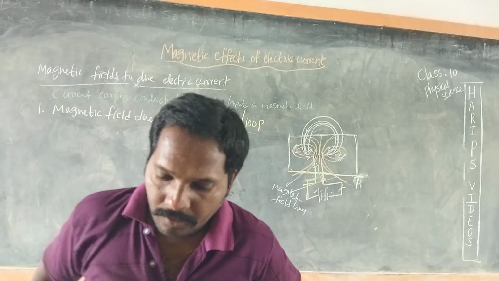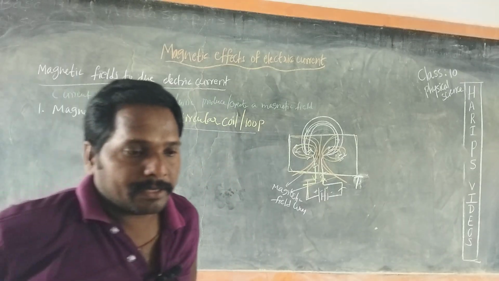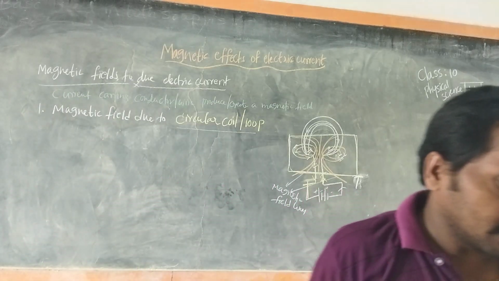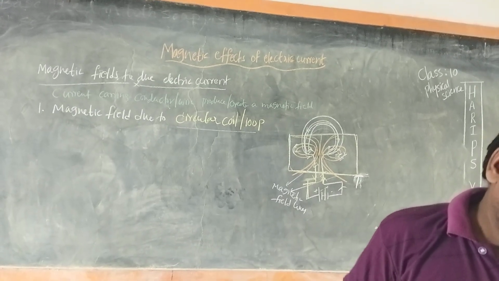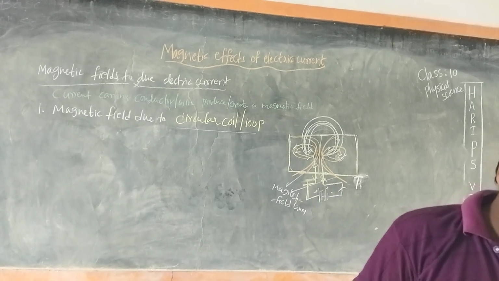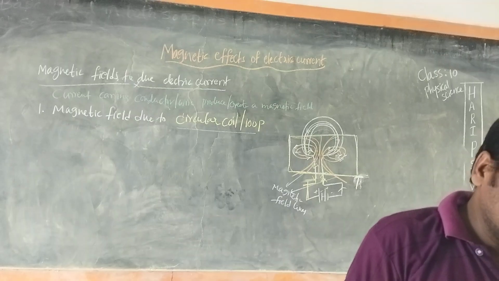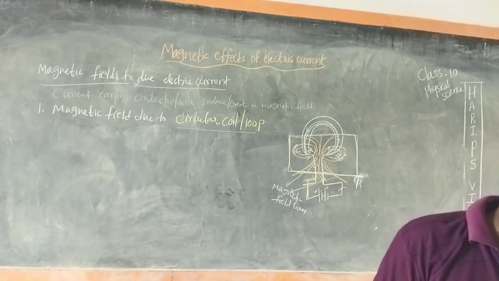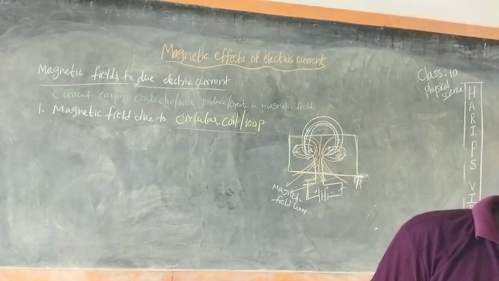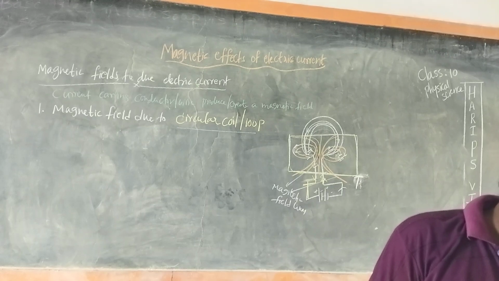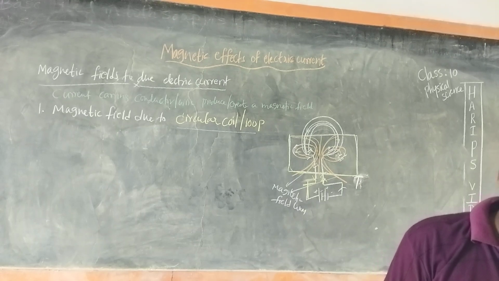Now, in which direction are the magnetic field lines formed? When the current in the coil is in the clockwise direction, the direction of the magnetic field due to the coil points away from you.